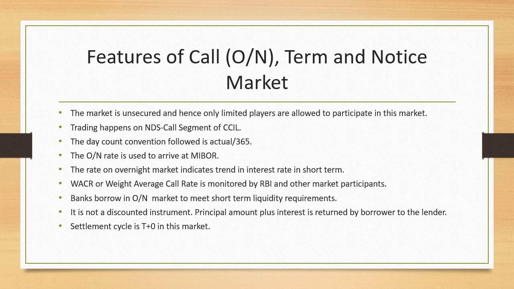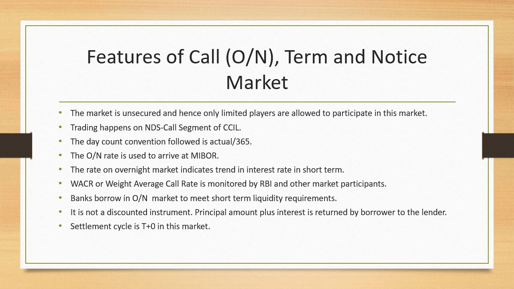The day count convention followed here is actual by 365. Since call money is a money market instrument, including notice and term, RBI guidelines very clearly say that whenever interest has to be computed, the convention to be followed is actual by 365. This overnight call money data is used for computing MIBOR, or Mumbai Interbank Outright Rate. That is what gets calculated through call money data.